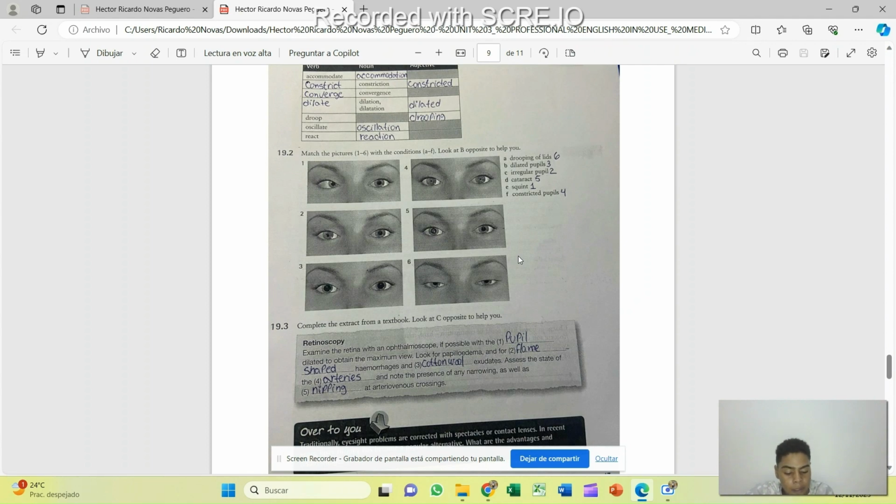Look for papilloedema and flame-shaped hemorrhages and cotton-wool exudates. Assess the size of the arteries and note the presence of any narrowing, as well as nipping at arteriovenous crossings.